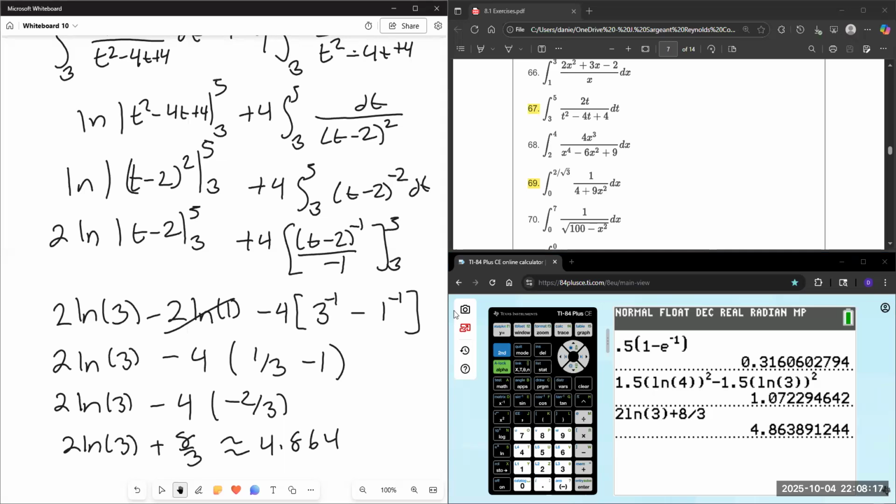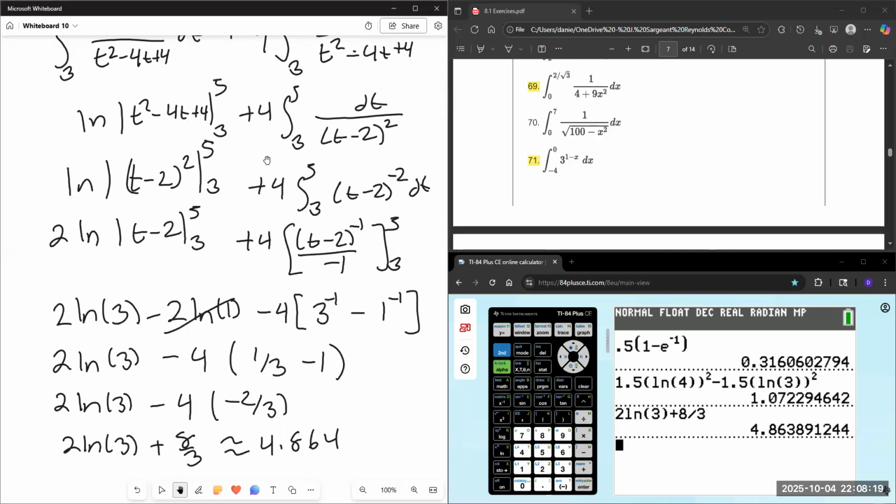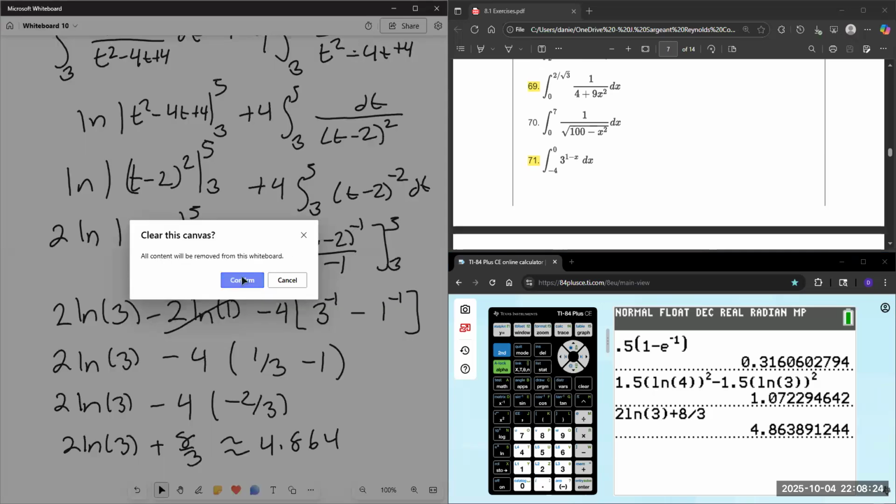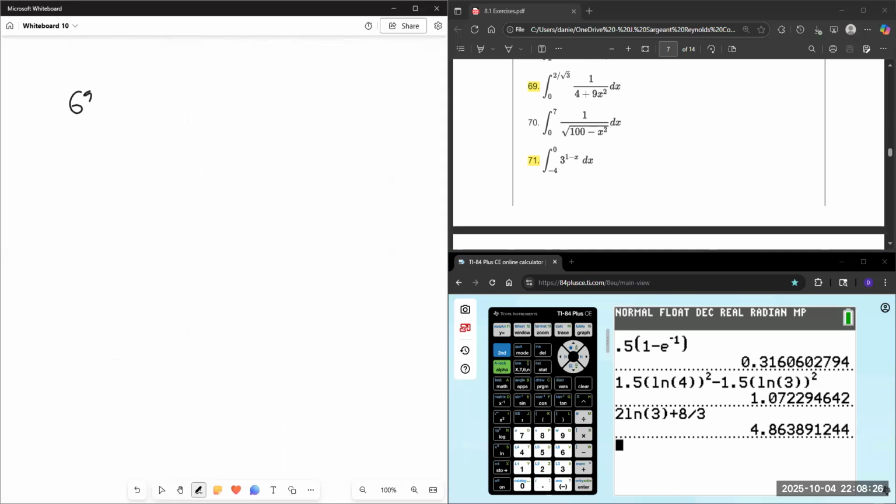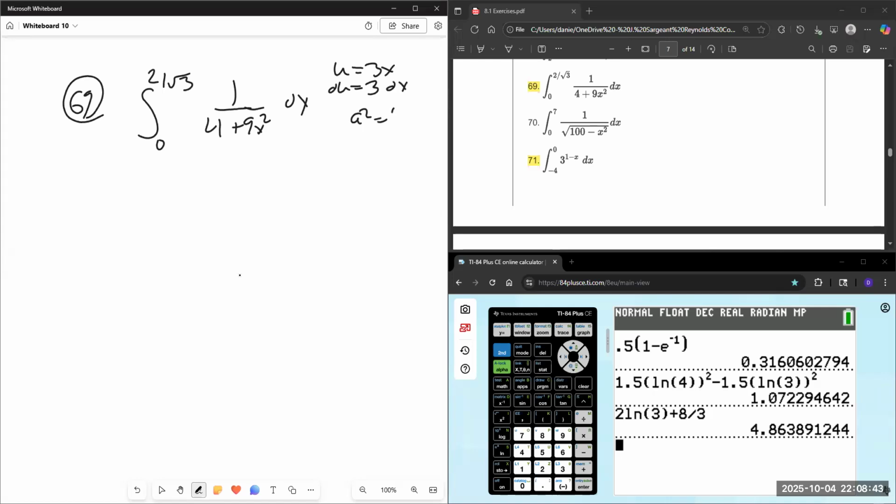Now let's look at number 69. 69 says integral 0 to 2 over root 3, 1 over 4 plus 9x squared dx. My u has to be 3x. My du is 3 dx. My a squared is 4, so my a is 2.